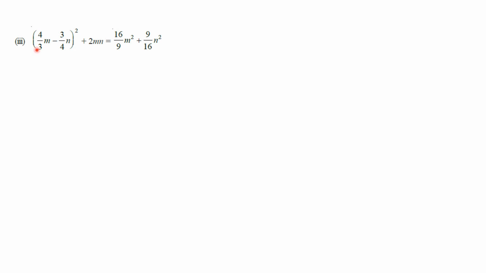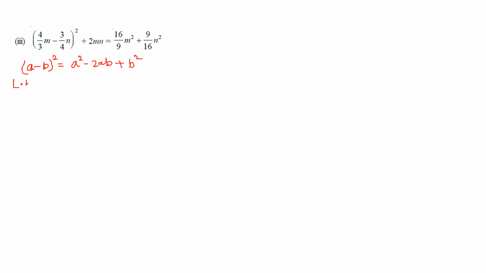Third question is (4/3 m minus 3/4 n) whole square plus 2mn equal to 16/9 m square plus 9/16 n square. You have to show that. So again I will take LHS, and you can see in the LHS part I can use the identity (a minus b) whole square, which is equal to a square minus 2ab plus b square.